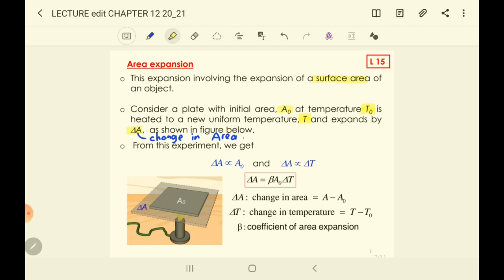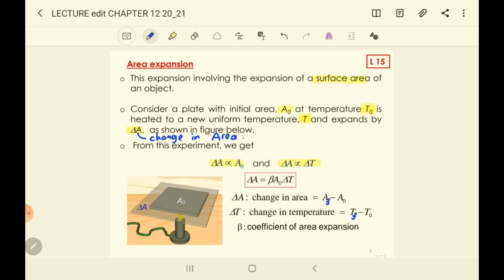Based on this experiment, we find that the change in area delta A is directly proportional to the initial area, and the change in area delta A is also directly proportional to the change in temperature delta T. Delta A is A final minus A0, A initial, and delta T is the change in temperature, T final minus T initial, where beta is the coefficient of area expansion.